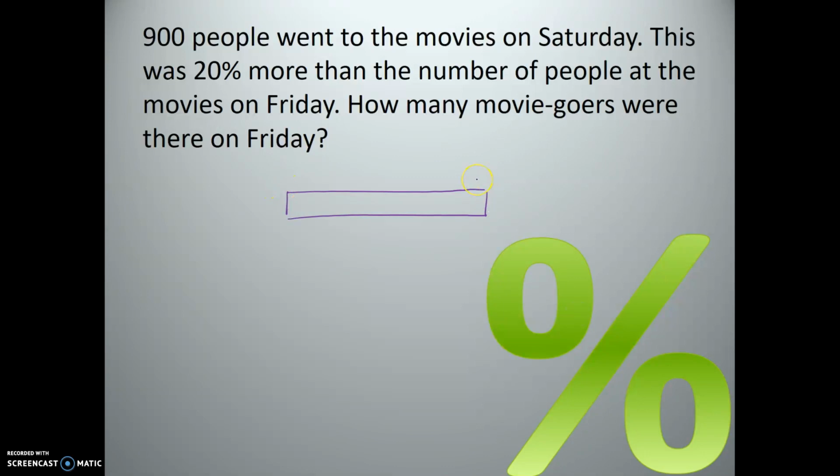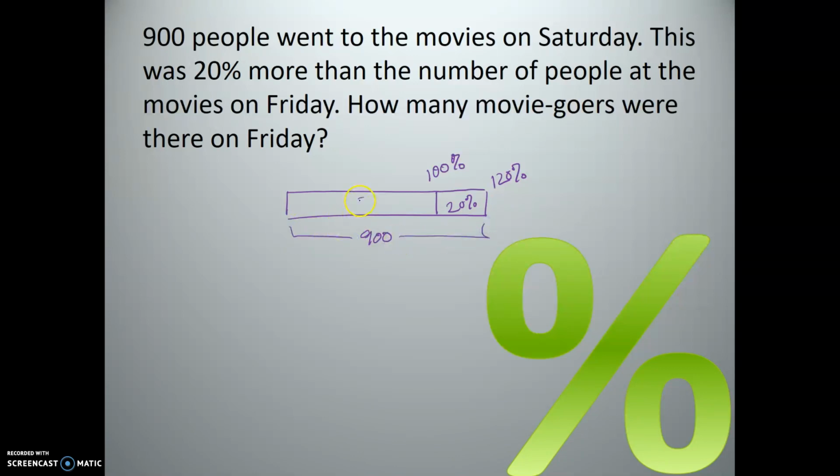So we've got, let's see, let's draw 100% here because we had 130% of the people show up on Saturday. Oh, not 130, sorry, 120. Okay, so that was the amount of people that came on Saturday, so that's 900 people.